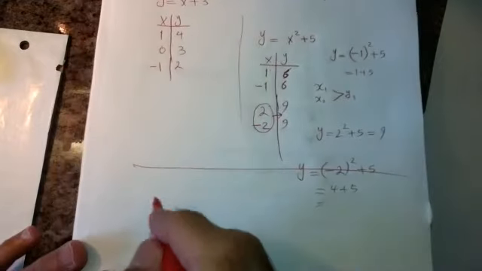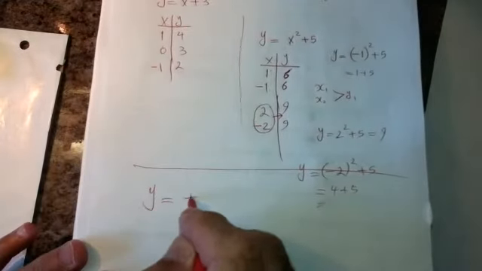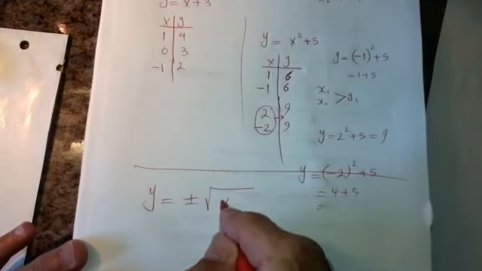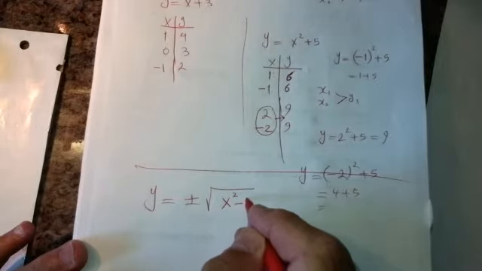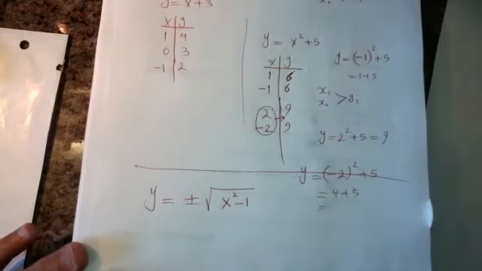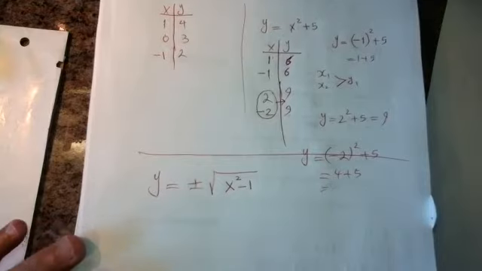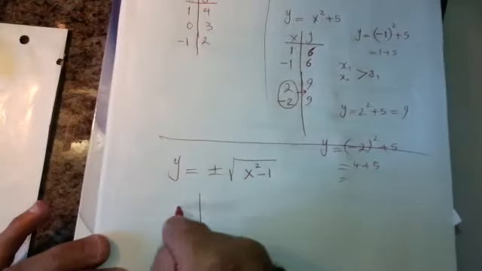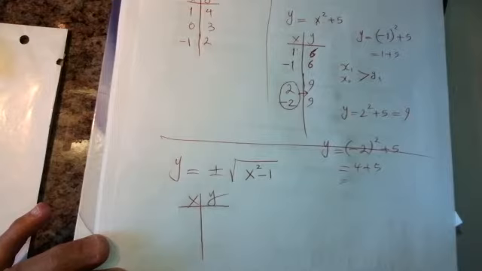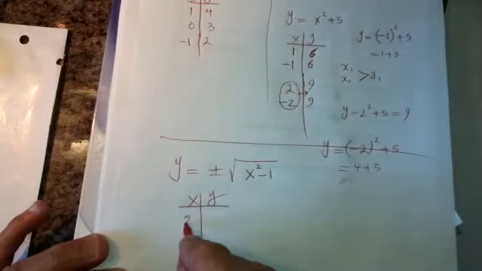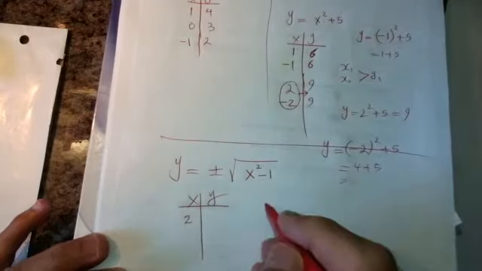Now let's look at these equations. Y is plus or minus the square root of x squared minus 1, for instance. Now here, when x is 2, then you have what?